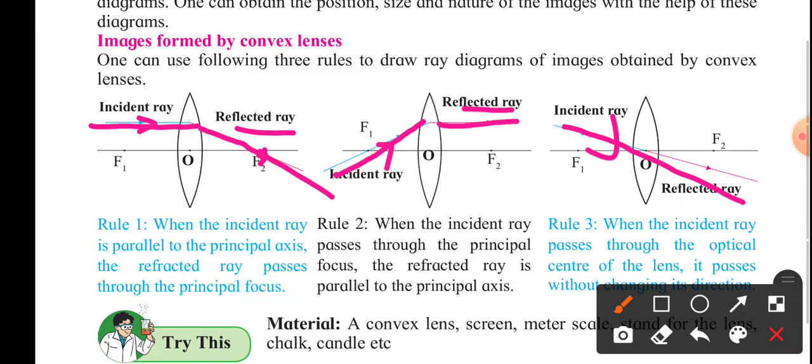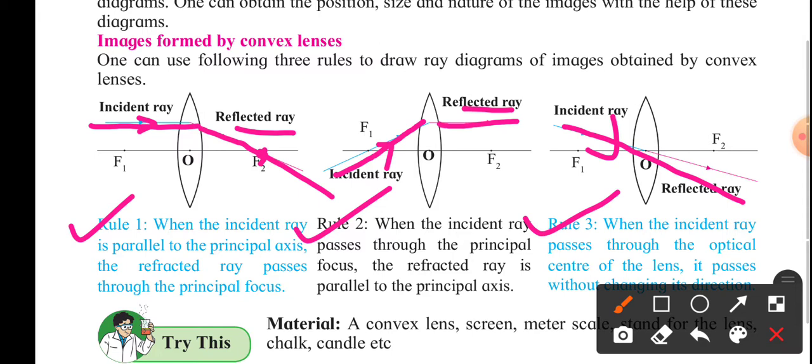So in this section we have talked about image formation by the convex lens. These are the rules we have, rules number 1, 2 and 3. I am repeating them. First, if the incident ray is parallel to the principal axis, the refracted ray will pass through the principal focus.